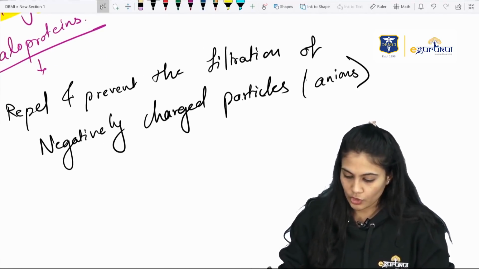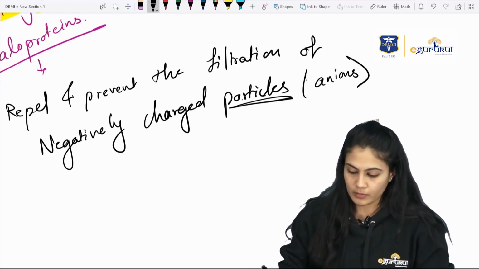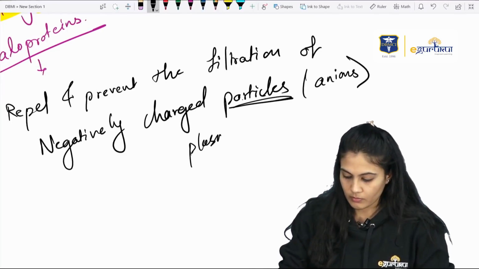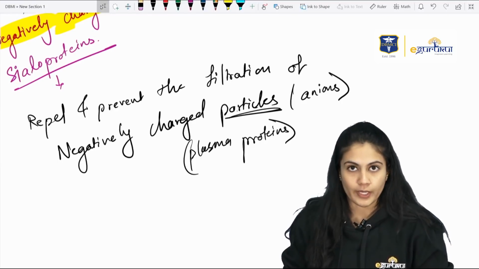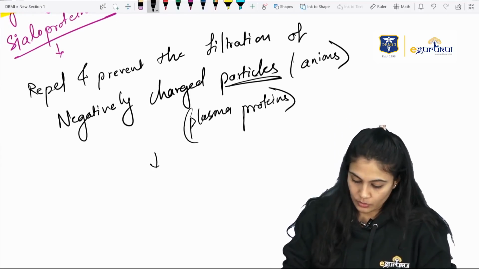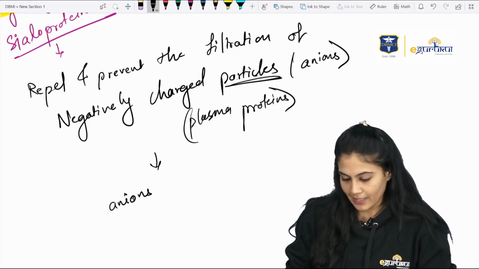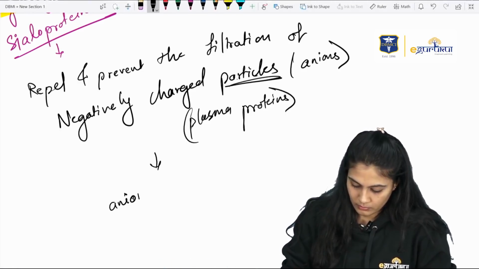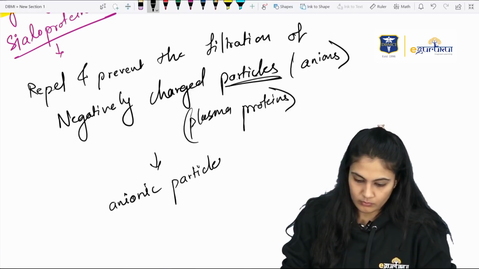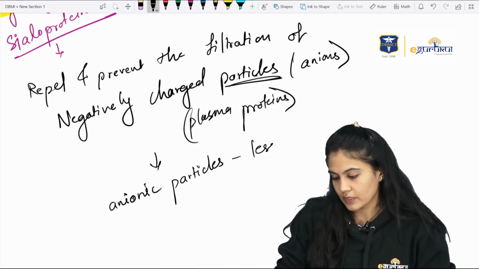So charged particles, mainly the plasma proteins, albumin, and that's why albumin is not seen in the urine, right? So in short, the anions or anionic particles are less filterable.